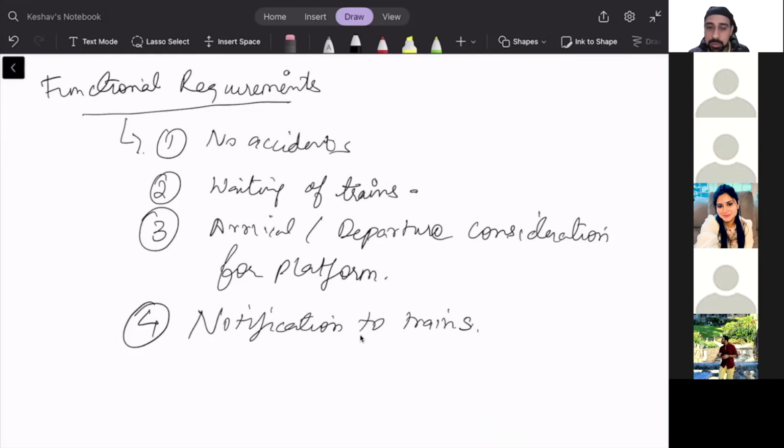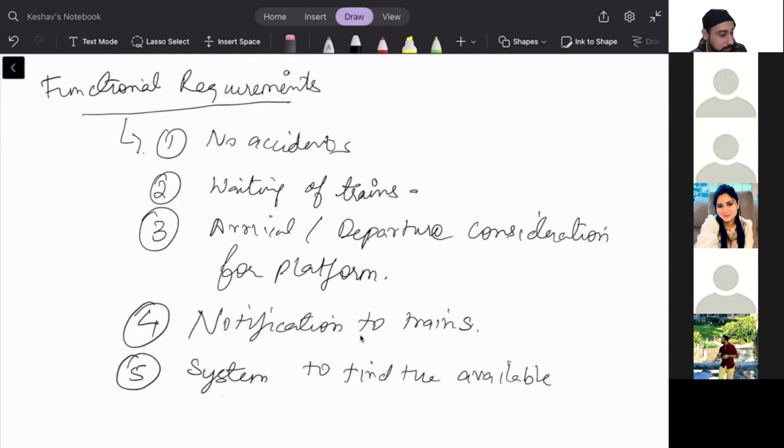Perfect. Thanks. So a system to find the available platform, that's the right requirement, Ekansh. I was looking for that because that's a basic requirement. But this is still an incomplete requirement. So what is missing?